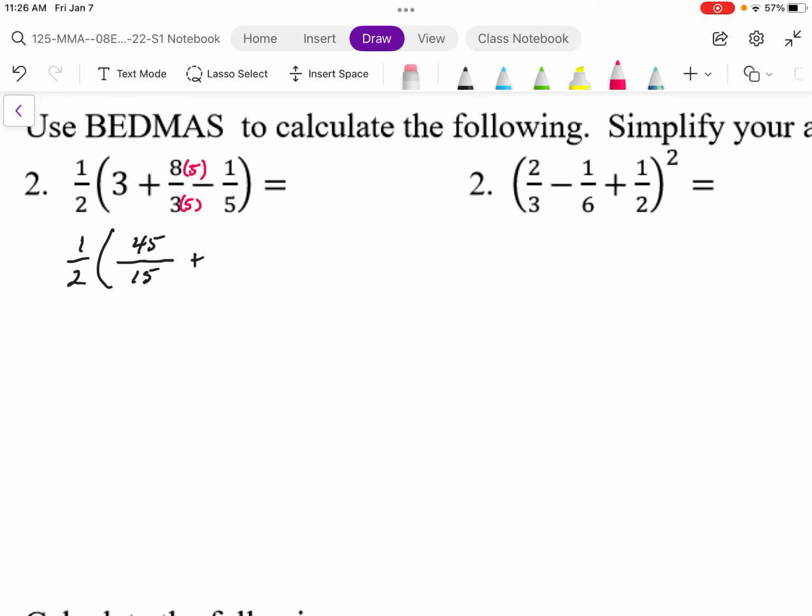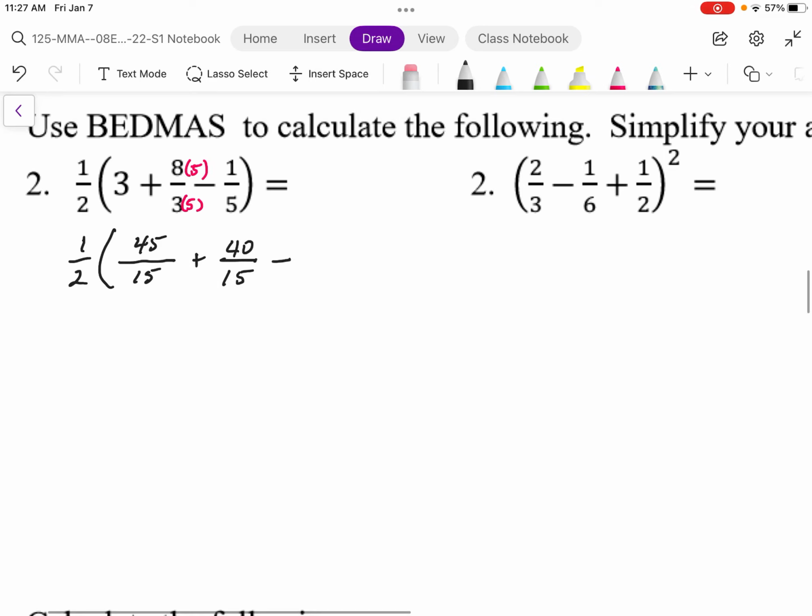And that gives me a fraction of 40 over 15 for that second fraction minus, this is going to be times 3 to get a common denominator. That ends up as 3 over 15, which is the same as 1 over 5.